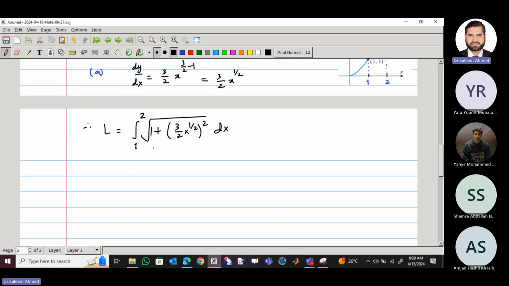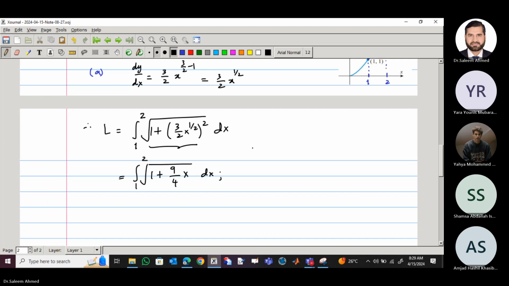If you want, you can find this separately and put it here. You can simplify this outside the integral. But anyway, here you got 1 plus 9 by 4 x. 3 by 2 squared becomes 9 by 4 and square root of x squared becomes just x. So I got this one.